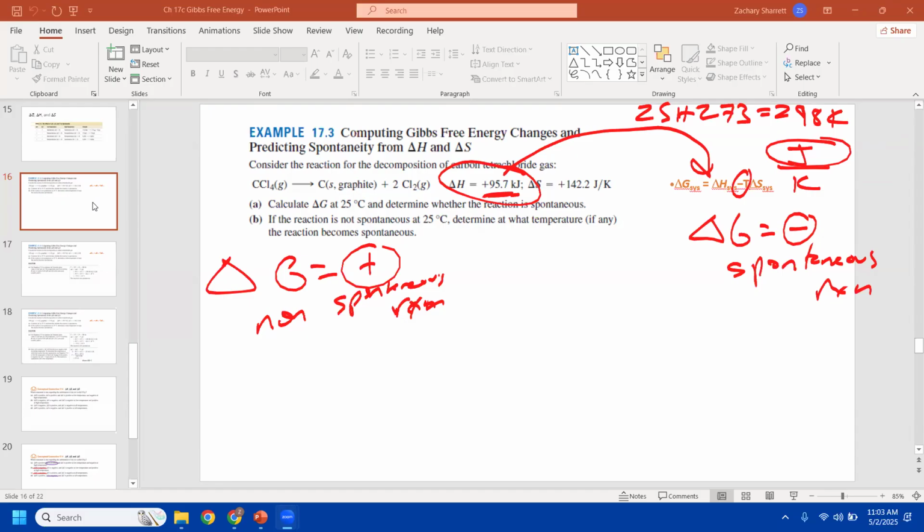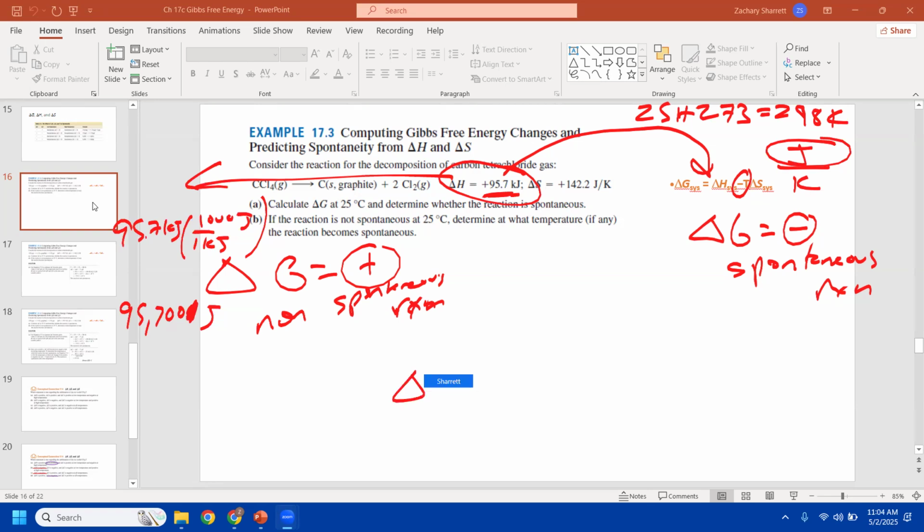Or should we do it in, let's convert the joule. Nah, I don't like working with decimals and things like that. So I'm going to convert this number, 95.7 kilojoules. 1 kilojoule is 1,000 joules. So I get 95,700 joules for the deltaH.